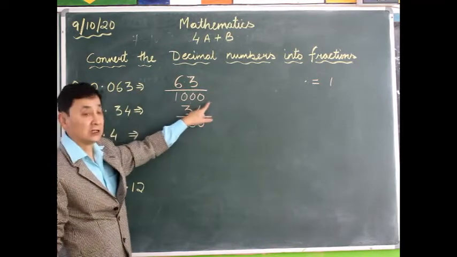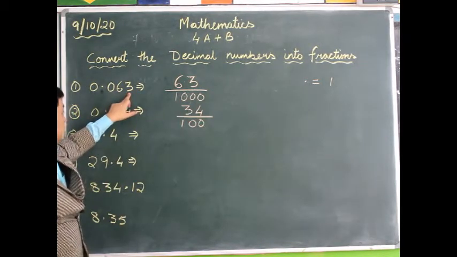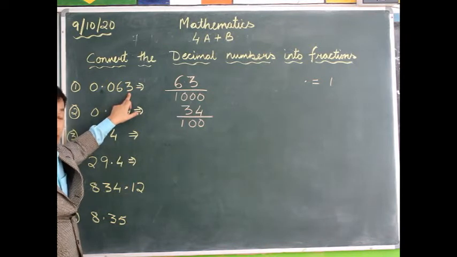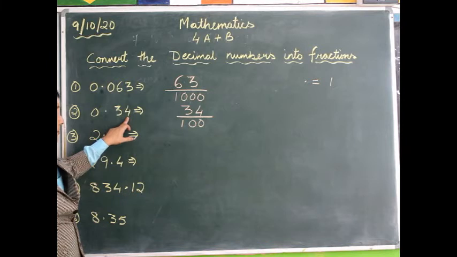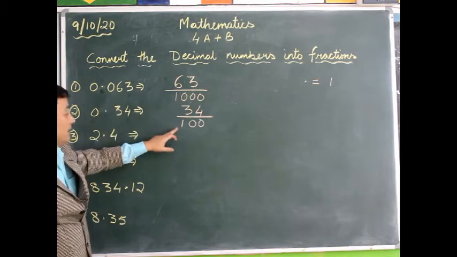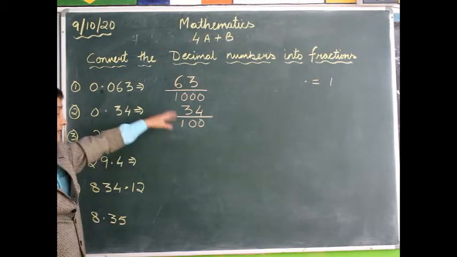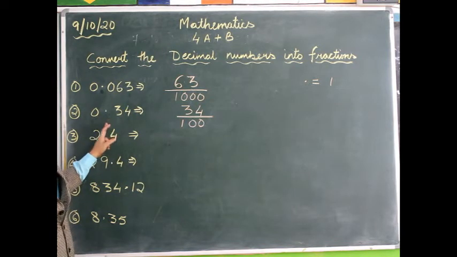That's why we put thousandths there. So 63 upon 1000. The number 4 ends in the hundredths place value, so 34 hundredths. I've taught you in a most simple way.